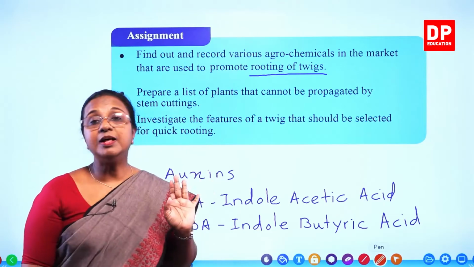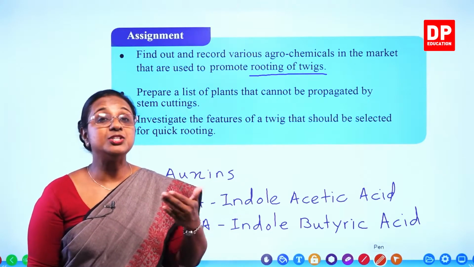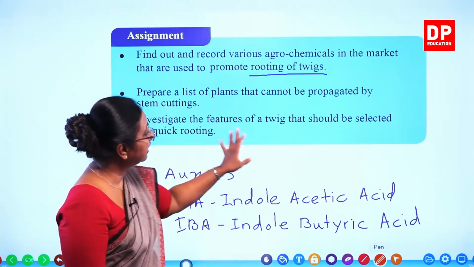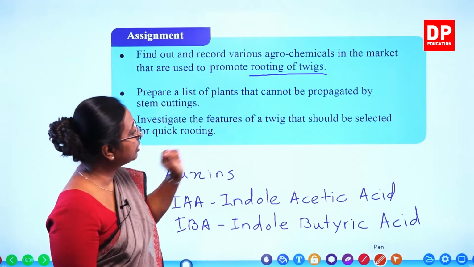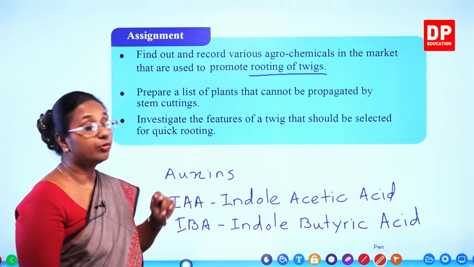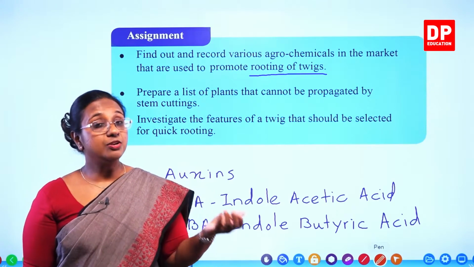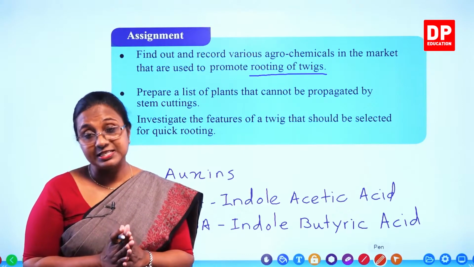So that is also not very suitable. So what should the twig be? It can contain mature leaves, a mature twig, healthy one. So like that, you can think of different features that need to be there in the twig that should be selected for quick rooting. If it is too thick, too rough, then also it might not root quickly. So you have to think of features like that.